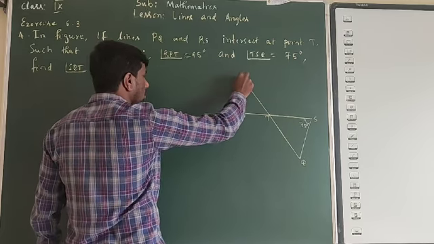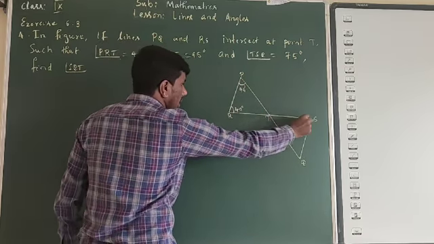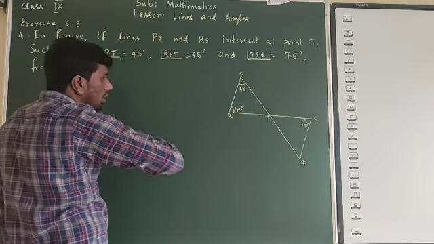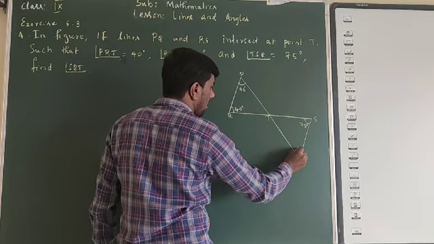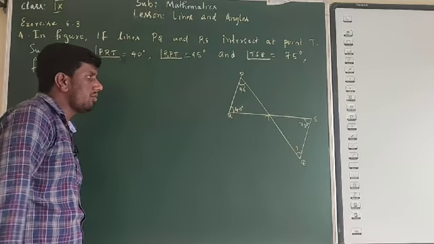So from R to P to T, this is 95 degrees, and TSQ is 75 degrees. We need to find SQT. Where is SQT? This is the angle we should find out, the question mark.